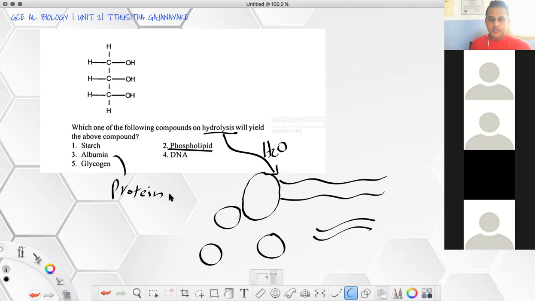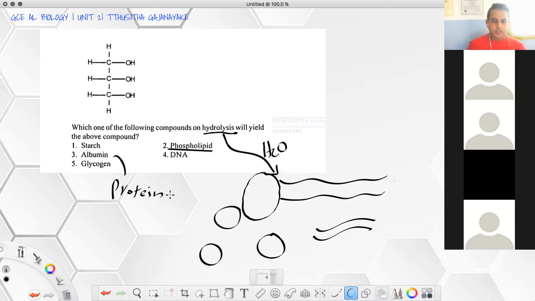Under steroid, we can list cholesterol, estrogen, progesterone, and testosterone-like hormones. I think we're going to learn these molecules many times when we are learning different lessons. So we can see these molecules and how they are important in the functions.